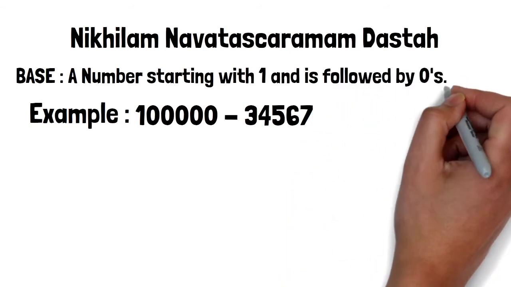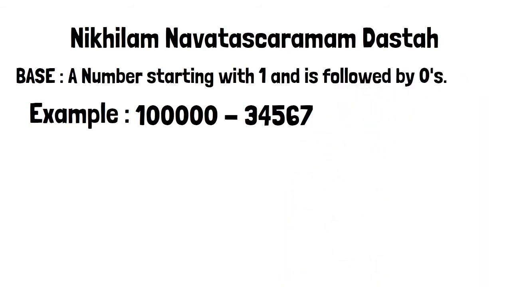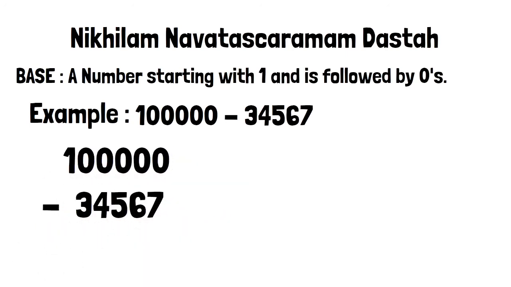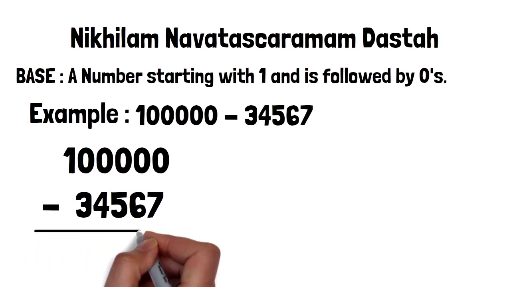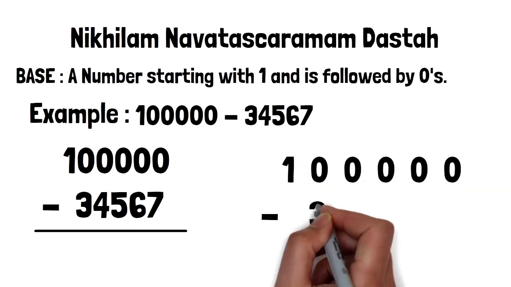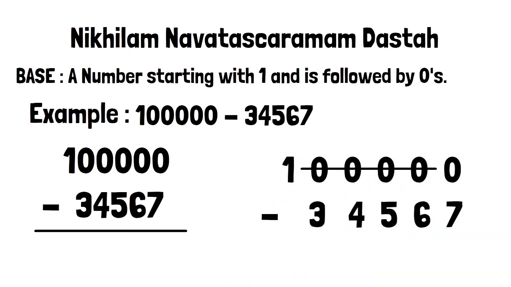So let's subtract 34,567 from 1 lakh. As the sutra suggests, to simplify the process of carryover, replace every zero with 9 except the zero in the units place. The zero in the units place has to be replaced with 10.